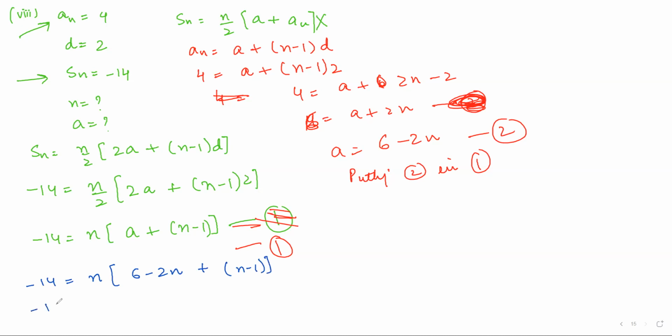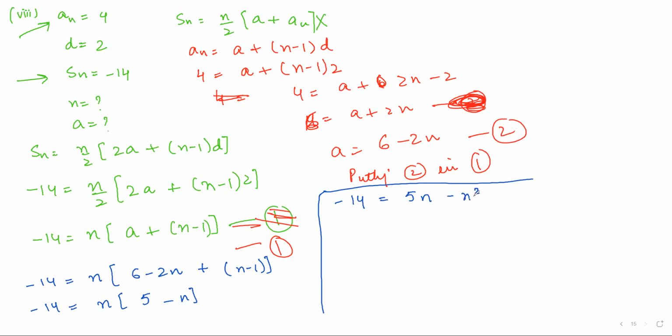So minus 14 is equal to n into 6 minus 1 is 5, minus 2n plus n is minus n, right? So minus 14 is equal to 5n minus n square. Now bring them here: minus 14 minus 5n plus n square is equal to 0.